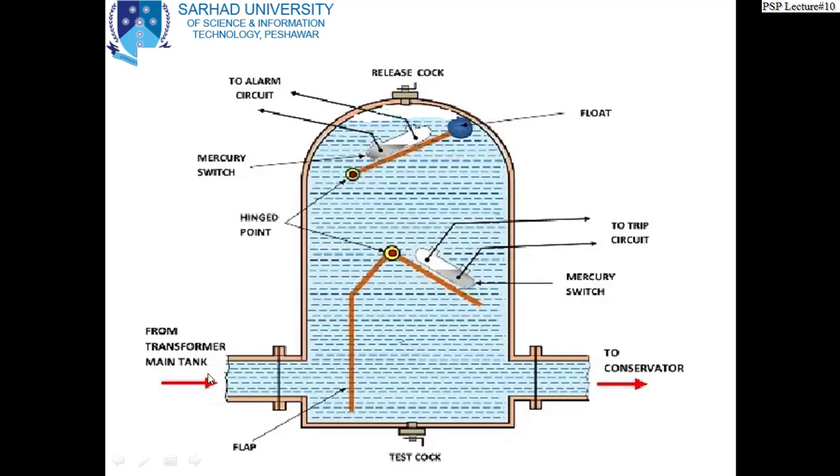Now for a serious fault, a lot of gas is produced, which moves along with some oil with pressure into this Buchholz relay, and it tilts this flap to this side, and this is also hinged here, and another mercury switch is attached to it, and this mercury switch short circuits this terminal, and these are the terminals of the trip circuit directly, and directly the circuit breaker is operated, and the transformer is disconnected from the rest of the system.